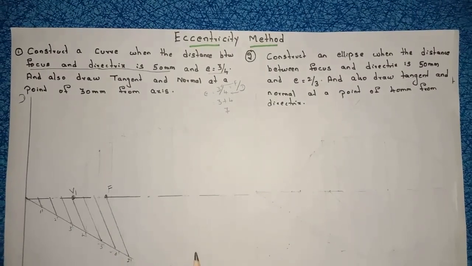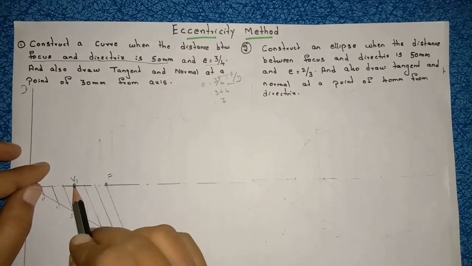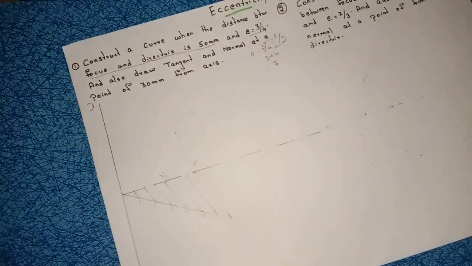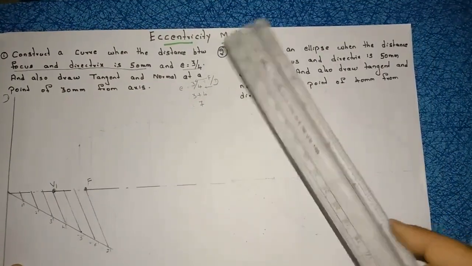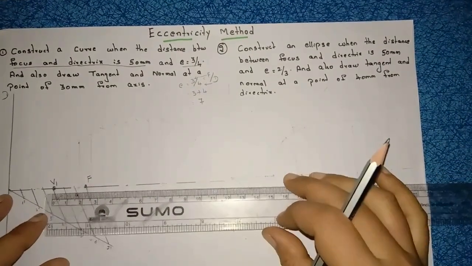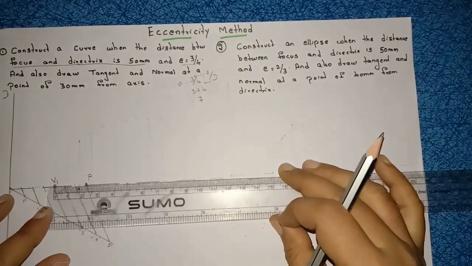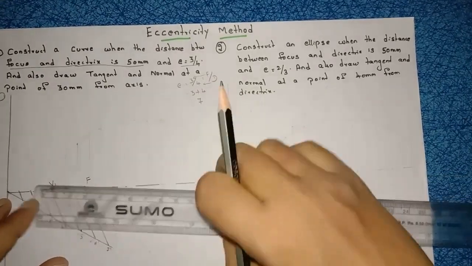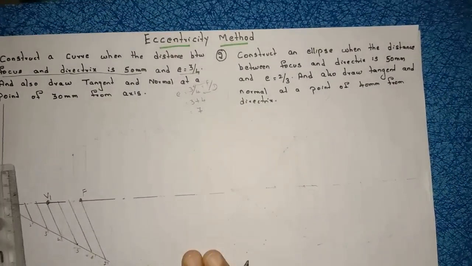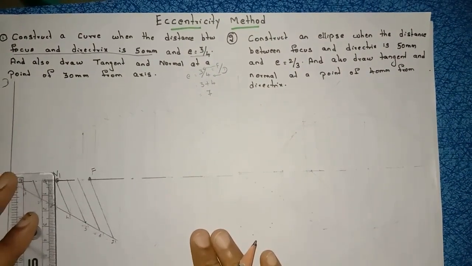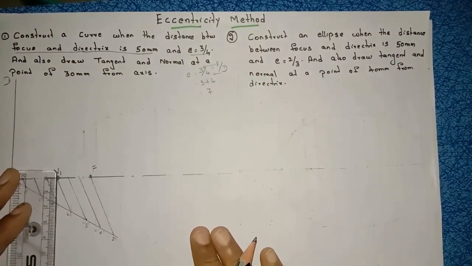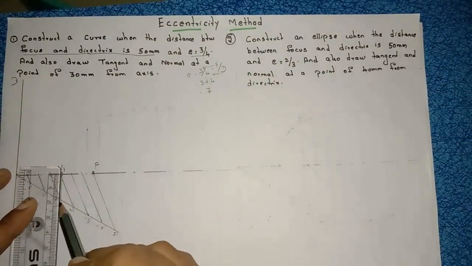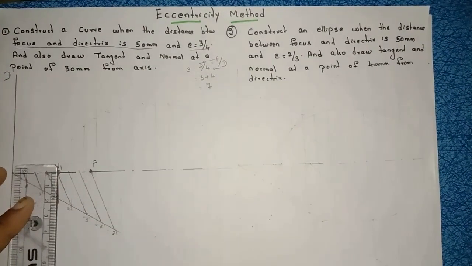Now how to mark V2? See here, measure this distance from V1 to F. How much is it here? 20 mm. V1 to F distance is 20 mm. Now the same distance from V point: keep your scale in a vertical manner and draw a perpendicular line from V1, the same 20 mm distance.